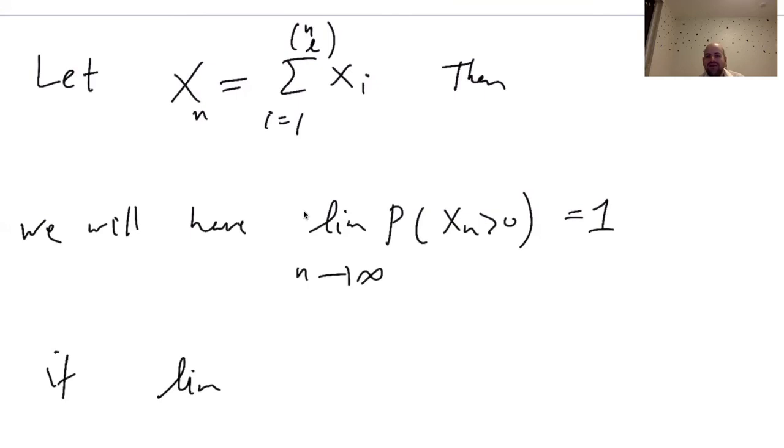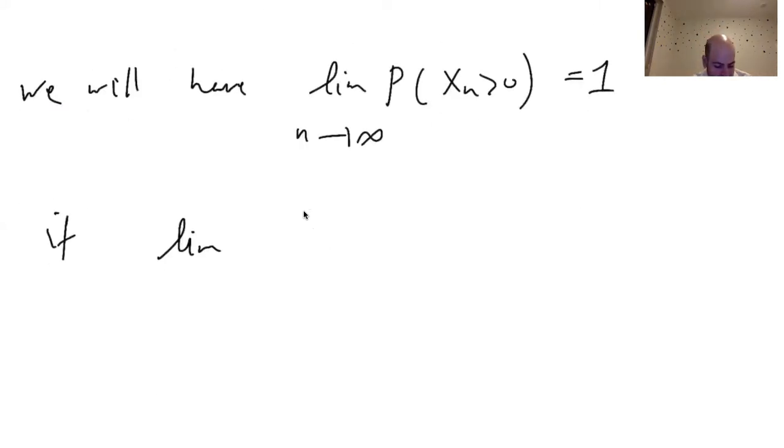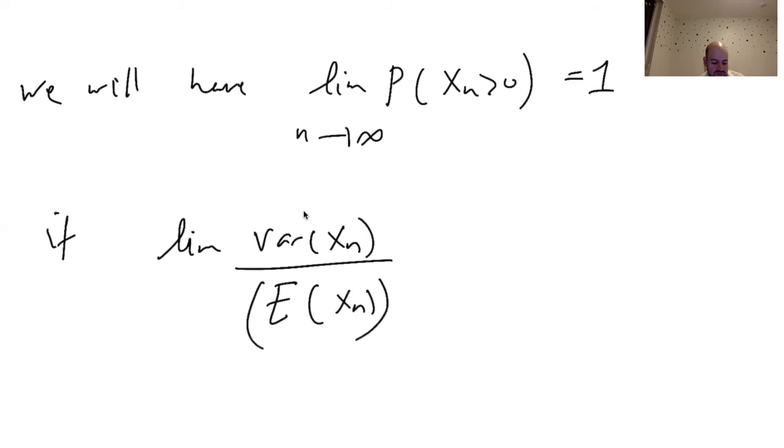And again, the whole idea of this topic, which is the second moment method, is that instead of showing the limit of P(x_n bigger than 0) equals 1, we can instead show that the limit of the variance of x_n divided by E of x_n squared, as n goes to infinity, equals 0, right?